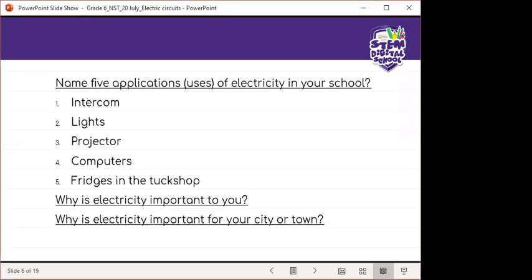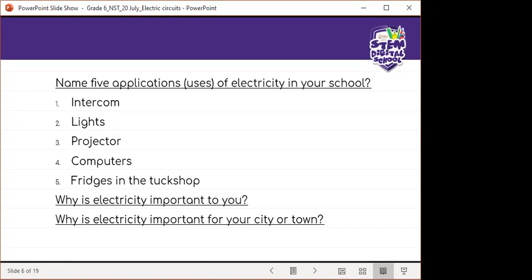Okay, next question. Why is electricity important for your city or town? So in the previous question, we looked at your personal use of electricity, okay? So now we are just moving out and I'm asking about the city, the town, or your neighborhood where you live in. Why is electricity important?